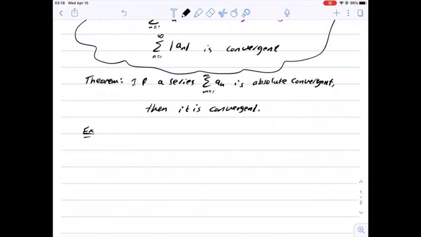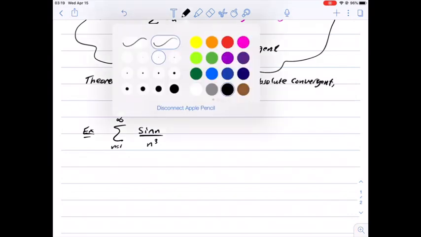Let's take an example. For example, if we have the series sine n over n cubed, n from 1 to infinity, in this case we notice that this series has positive and negative signs of terms. But this is not an alternating series.